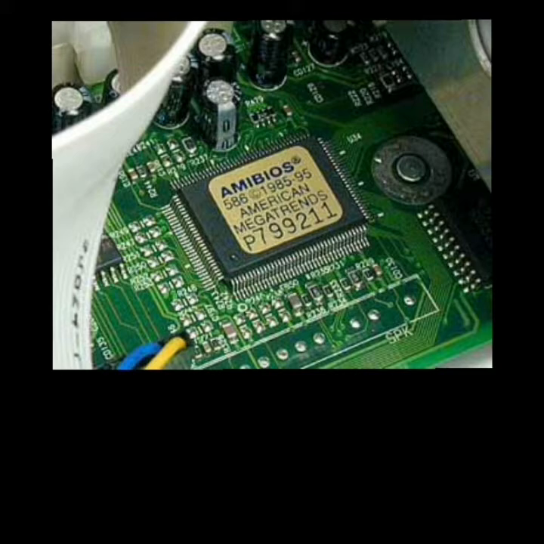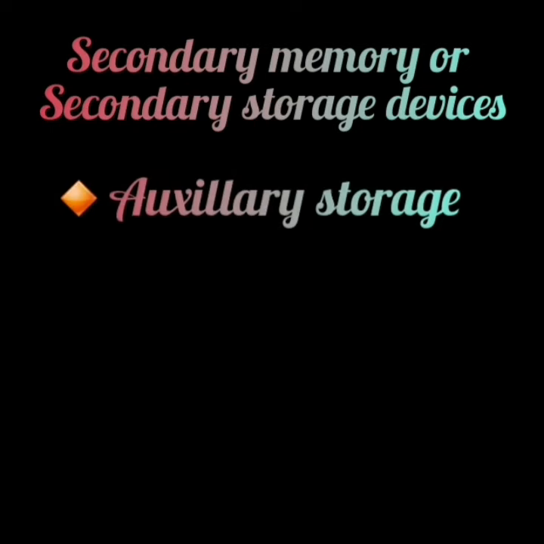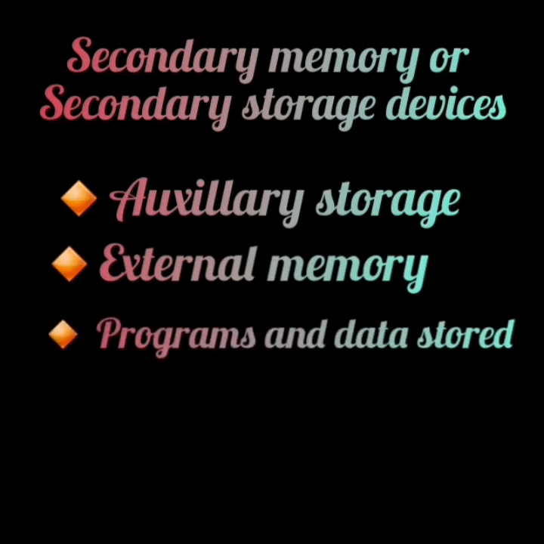Now, secondary memory or secondary storage devices. Secondary storage is also called auxiliary storage. It is an external memory to the main body of the computer, where programs and data can be stored and used again in the future.